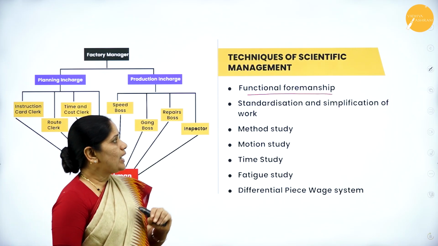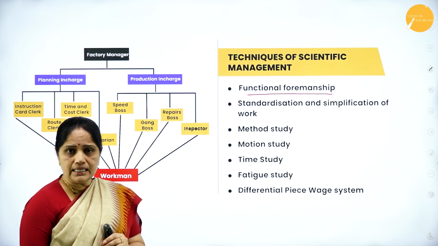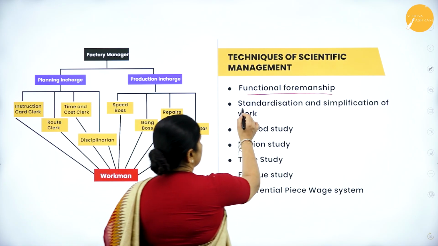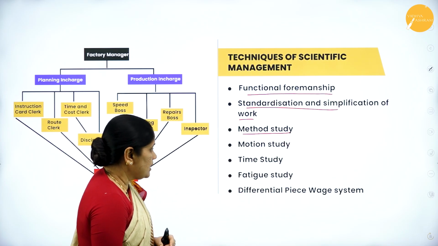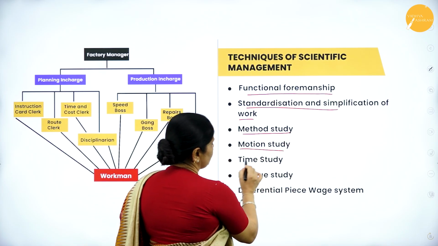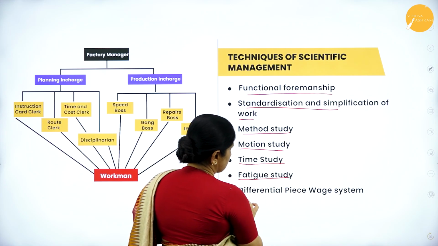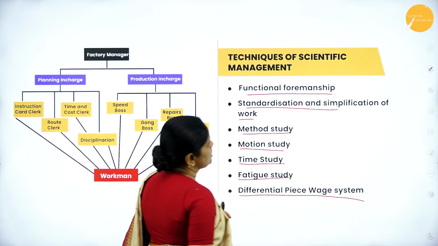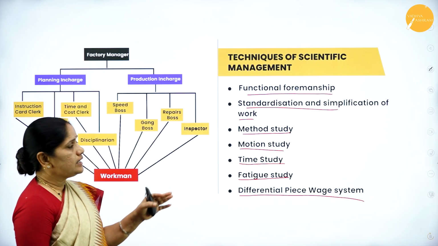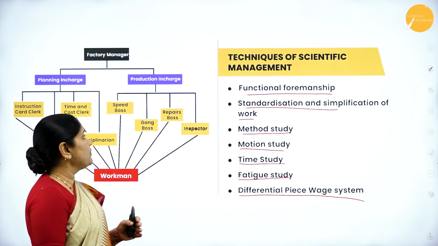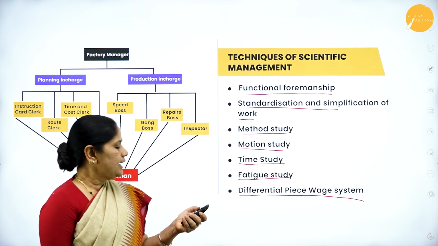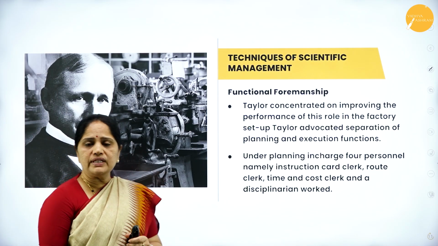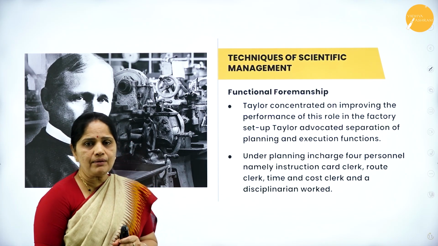Then, the second one is standardization and simplification of work. Third one is method study. Fourth one is motion study. Fifth one, time study, fatigue study, differential piece wage system. So these are the various techniques of scientific management which have been introduced by F.W. Taylor. Now let us see each of these techniques.